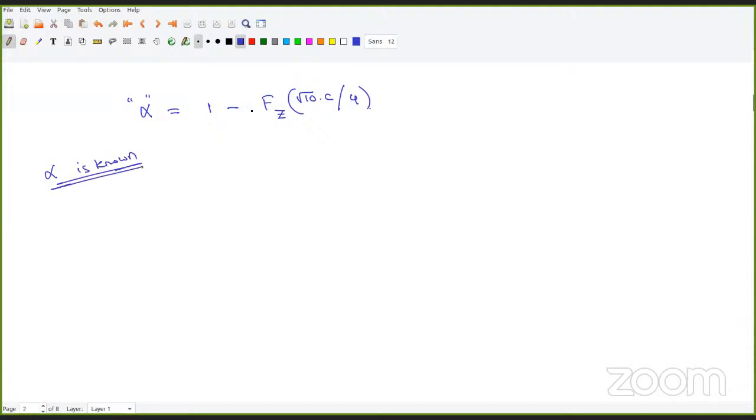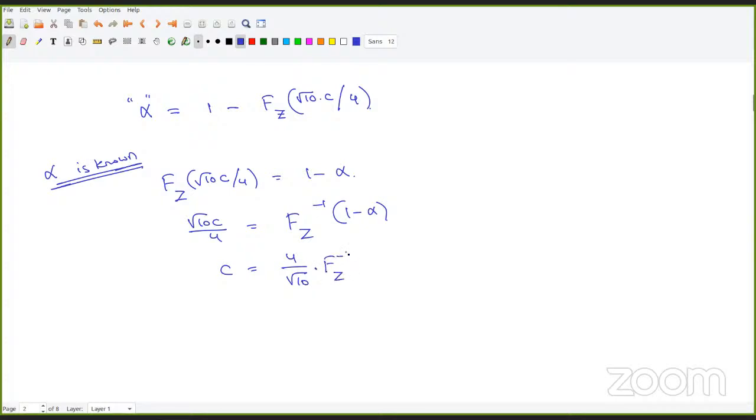We bring this over: Fz of root 10 c divided by 4 is equal to 1 minus alpha, and root 10 c by 4 is Fz inverse of 1 minus alpha. So c will be 4 by root 10 into Fz inverse of 1 minus alpha, where alpha is known. If you know alpha, you know 1 minus alpha, and then you know this value. We know the Fz inverse values also.